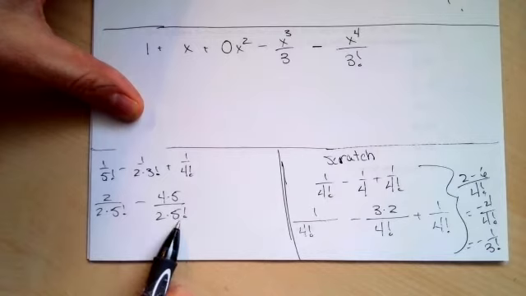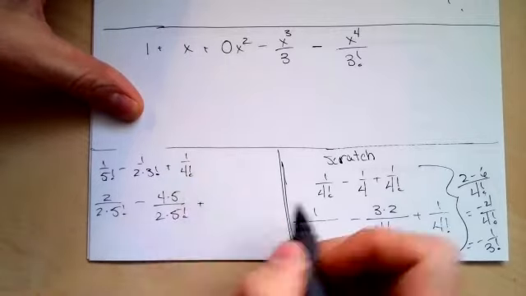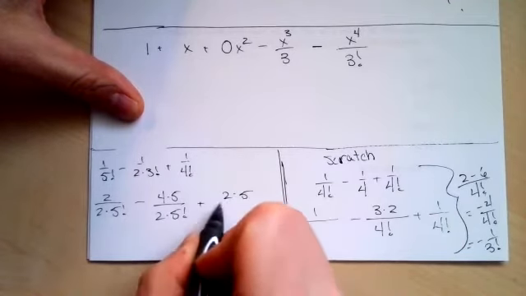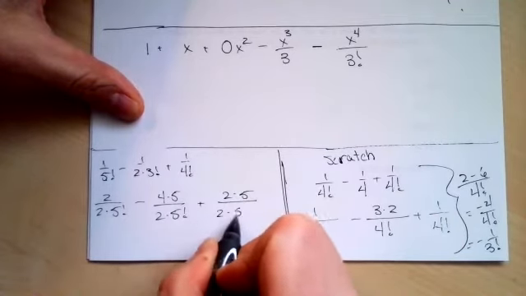So 5 factorial is going to be 5 times 4, which will cancel those, and then 3 factorial. Plus, now 4 factorial, we're just going to need a 2 and a 5. So a 2 times 5 factorial.